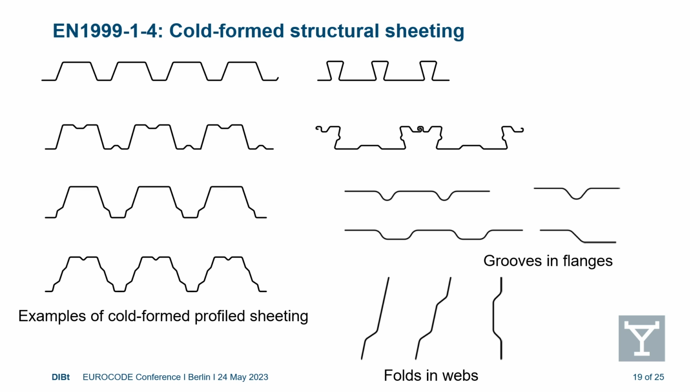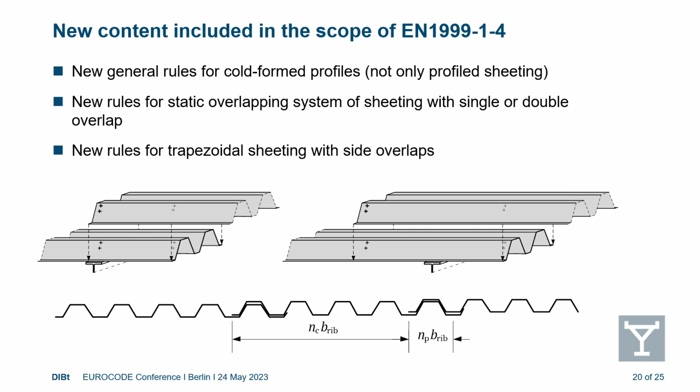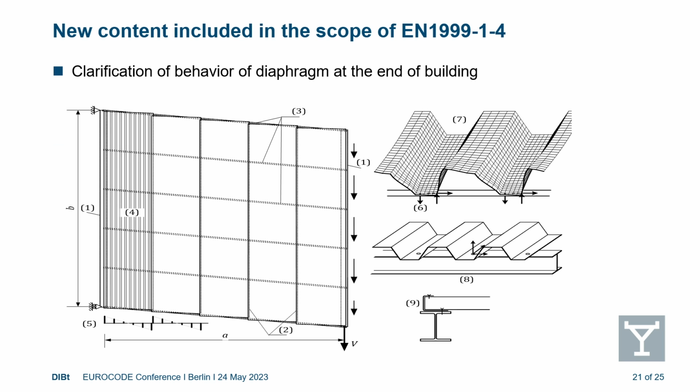So in this part, no particular modifications have been made, just a few new contents, such as new general rules for cold formed profiles, not only profiled sheeting, new rules for staggered overlapping systems of sheeting with single or double overlap, and new rules for trapezoidal sheeting with side overlaps. And finally, a clarification of the behavior of the diaphragm at the end of a building. So not very large modifications, but just clarification of an already existing part.